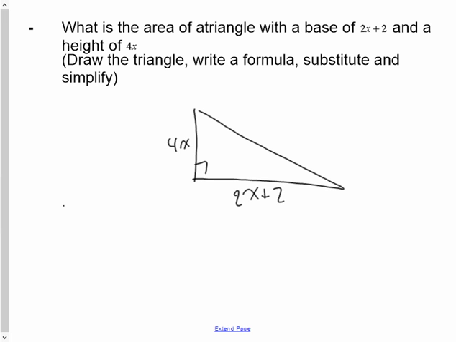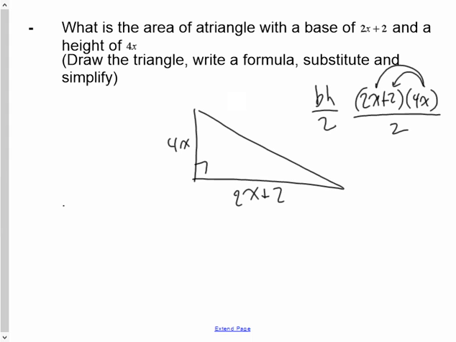Write a formula. So the area of a triangle is base times height divided by 2. Now here we have distributive property again, but we're going to go backwards from the monomial. The monomial is our second term, but we still have to do it this way. So we're going to end up with 8x squared plus 8x over 2 when we multiply that out.